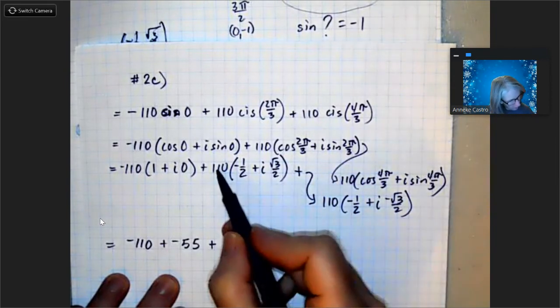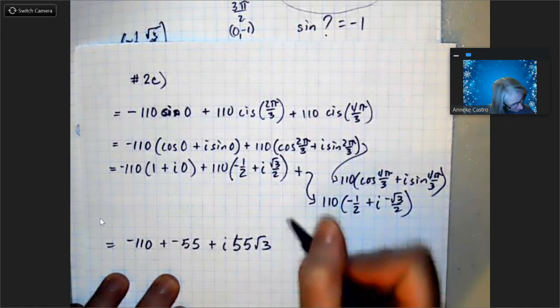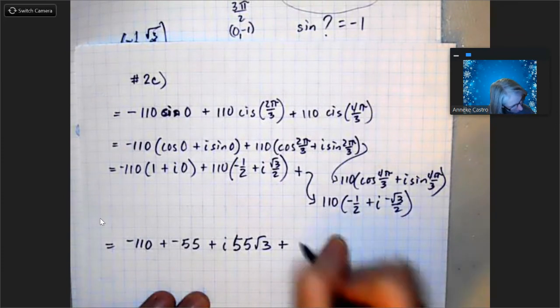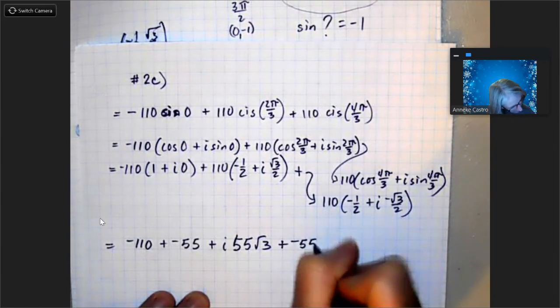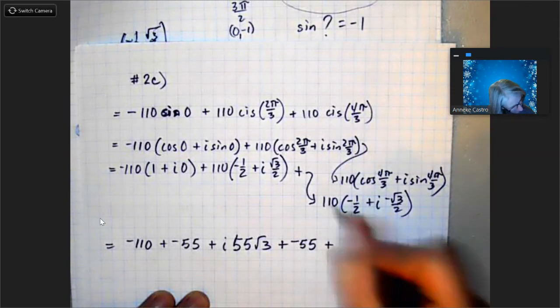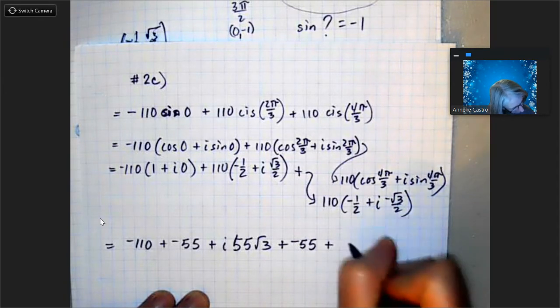So I did 110 divided by 2 times square root of 3. And then the next one, again, 110 times negative 1/2, that's going to be negative 55 plus 110 divided by 2 is 55, but this one is negative, so negative 55 root 3.